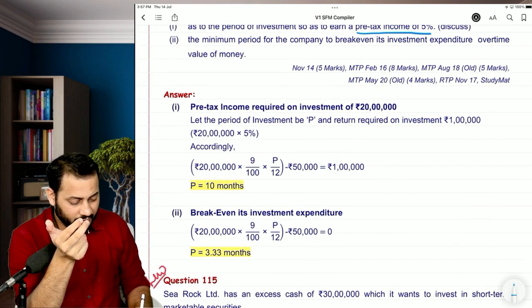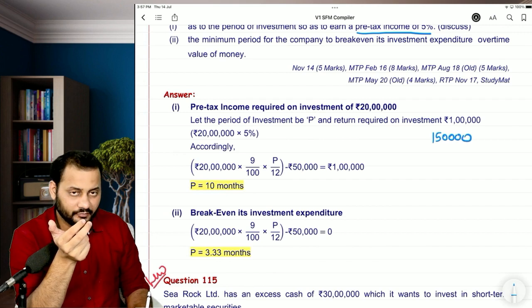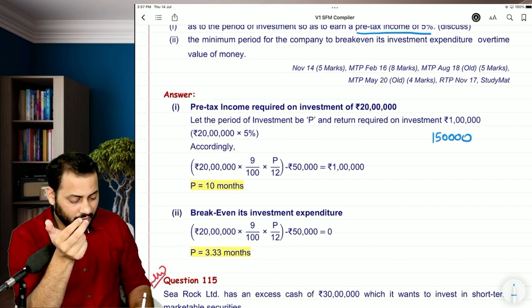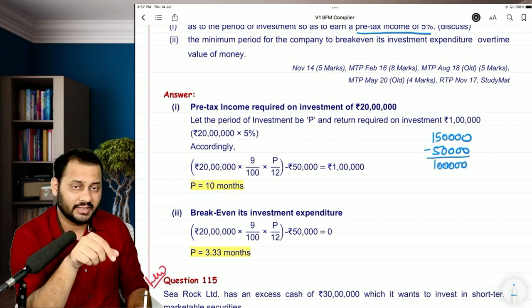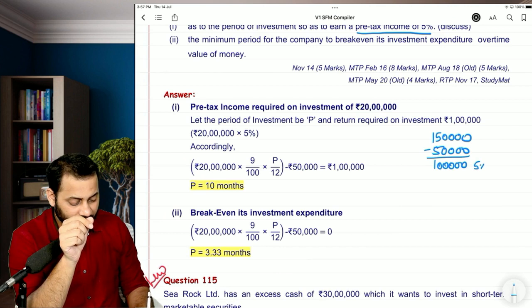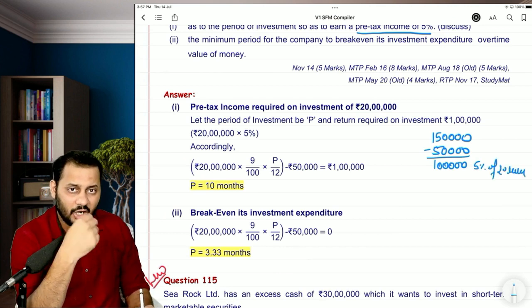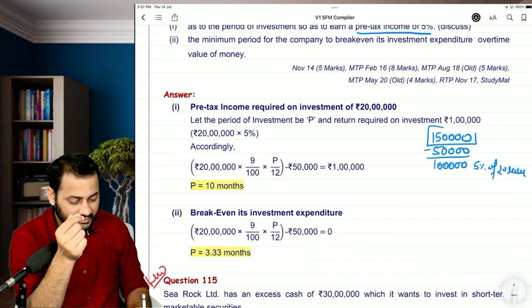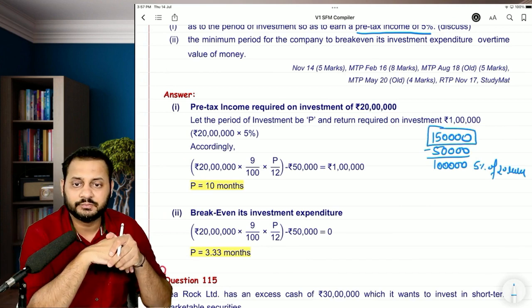You will need to earn 1,50,000 rupees, and from that you will be deducting 50,000 rupees. The balance will be 1 lakh rupees before paying taxes, which will come to 5% of 20 lakhs. Right? So how much you have to earn from 20 lakhs is 1,50,000 rupees.